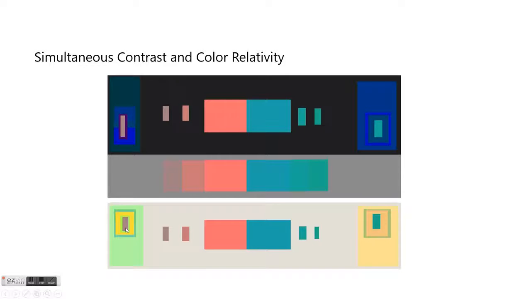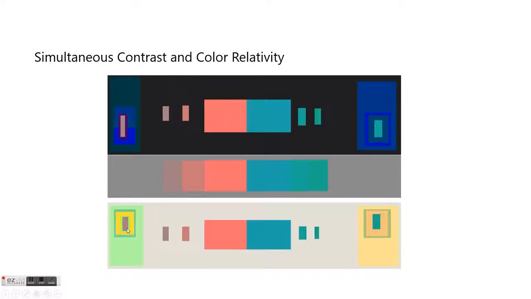Here's a little chart that shows you how these things can work. This color right there is the same color as that color, which is also the same color as that color, or that color. And this color here is the same color as that color. It's just showing you that by taking similar colors and putting them in different contexts, you can change the perception.